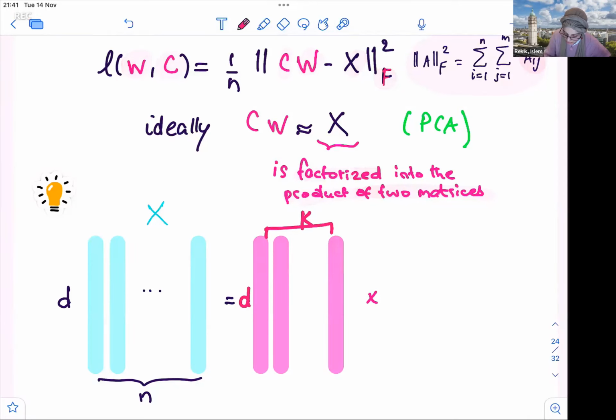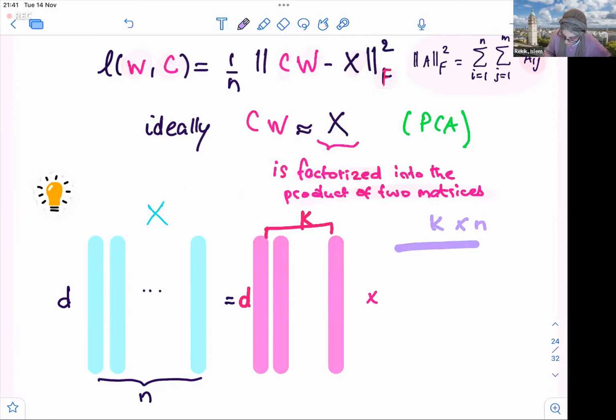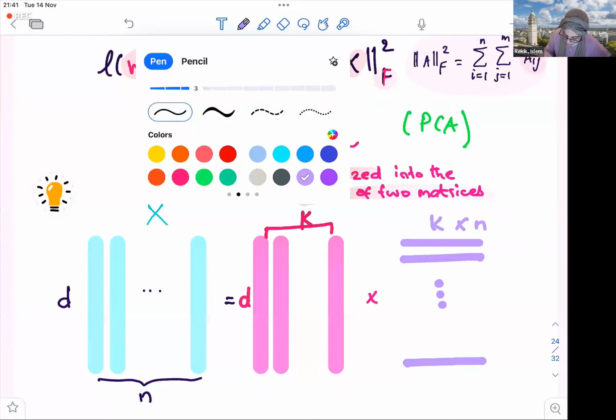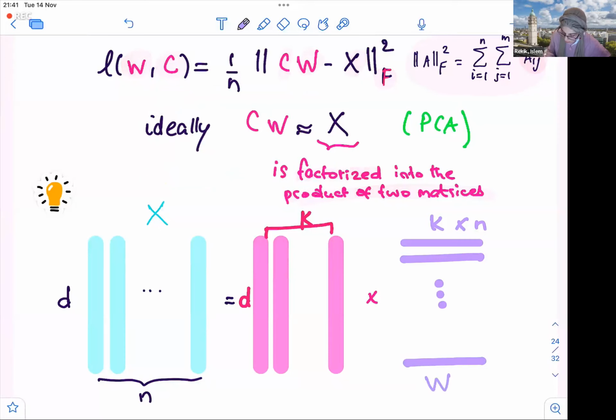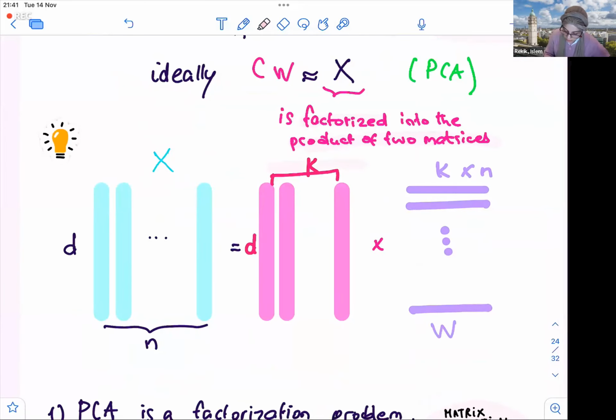It should be K times N. So you have small vectors, actually K, like this, times N, and this is the weight vector, the W, that we want to learn. All right, so this is the matrix factorization problem, and you factorize it out into two blocks of matrices in this way.